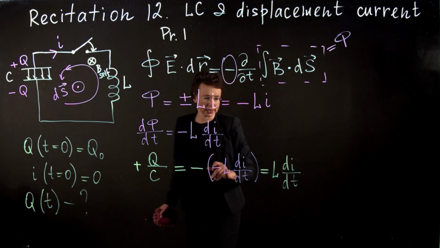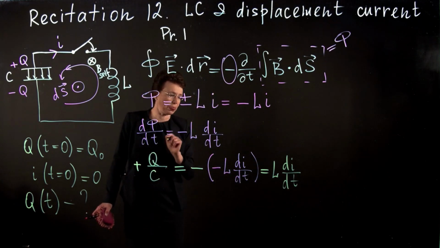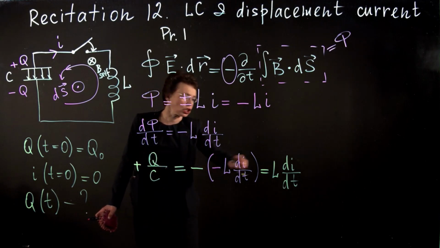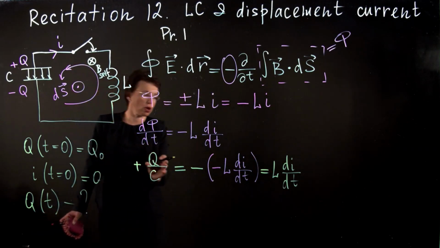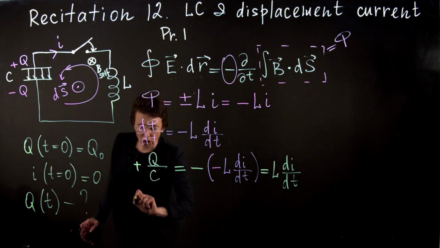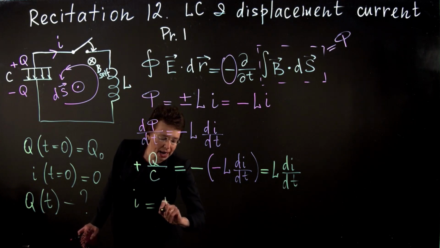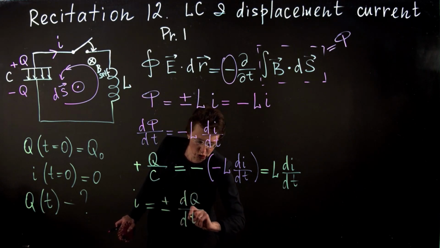And now we are ready to write our final equation, except for one thing. We have charge and we have current. We need to relate charge and current to have one equation and one unknown variable. Current is plus or minus dq dt. Which sign do we choose?